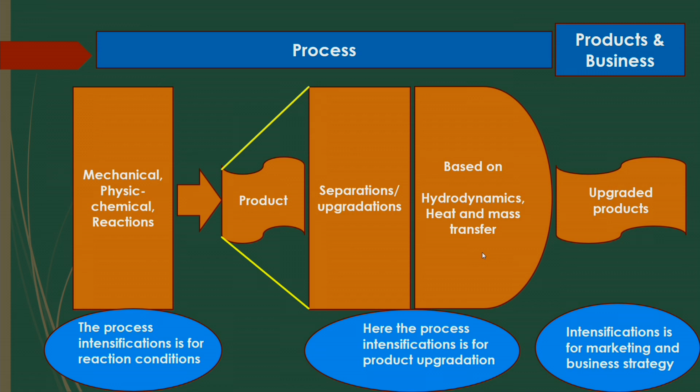Or some processes, like physical separation processes, where particle size is very important. In some fluidization processes in chemical engineering, the size of the particles matters. So, in those mechanical processes size reduction is needed, and you have to intensify that size reducing process.